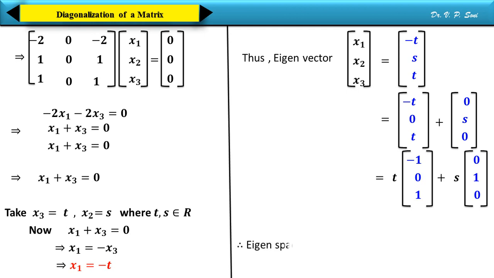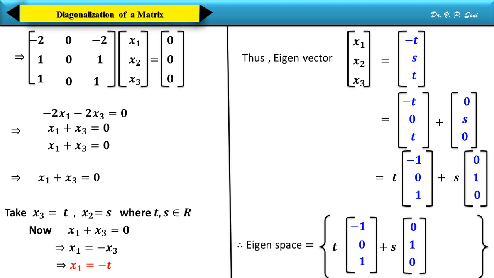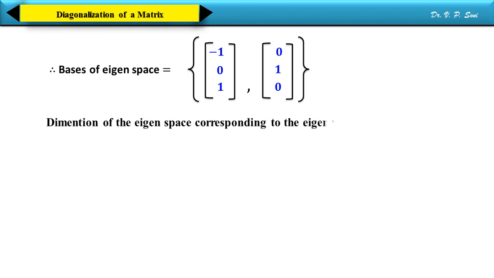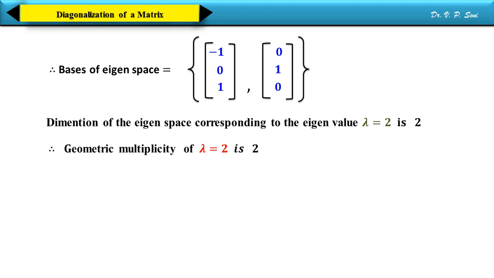Therefore the eigenspace is the set of t times vector minus 1, 0, 1 plus s times vector 0, 1, 0, where t and s belong to R. Therefore the basis of the eigenspace contains only two vectors, minus 1, 0, 1 and 0, 1, 0. Therefore the dimension of the eigenspace corresponding to eigenvalue lambda equal to 2 is 2. Therefore the geometric multiplicity of lambda equal to 2 is 2.